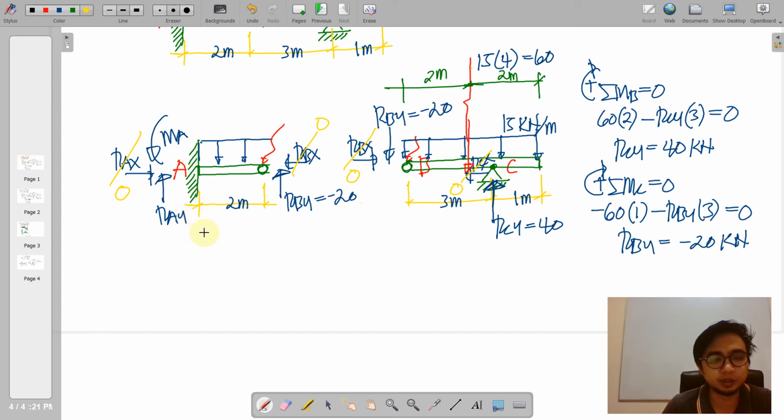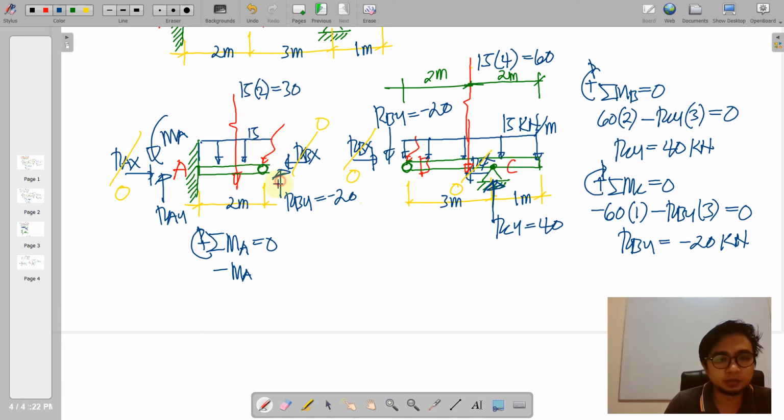So first, MA, summation of moments at A, we have negative MA. So of course, we resolve this. That is actually 15 kilonewton per meter times 2 with a result of 30. So we just add that effect. And for RBY, it will tend to rotate counterclockwise.